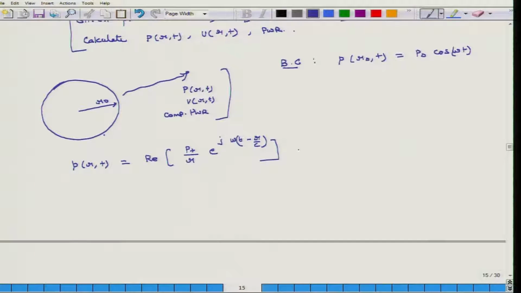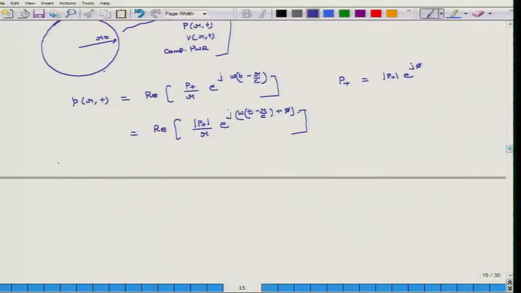Now p plus is a complex number, so it will have some magnitude and also some phase. Let us call that phase phi. If I plug this in, I get p plus divided by r, e to the power of j, omega t minus r over c plus phi.